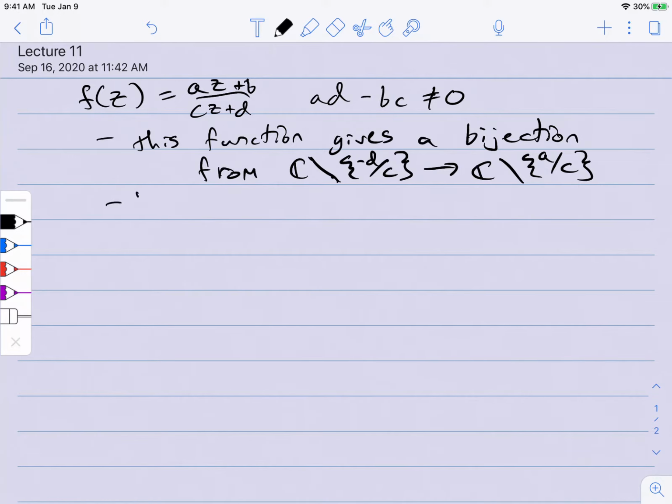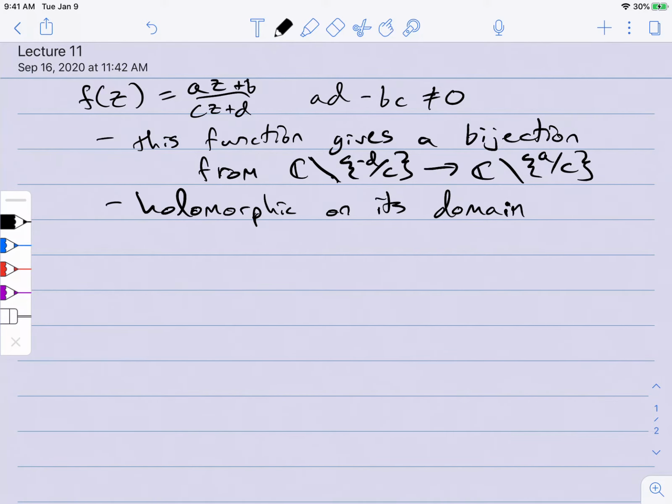So it's a bijection from the complex numbers minus a point to the complex numbers minus a different point. And furthermore, it's easy to check using rules of derivatives that this function is holomorphic on its domain. So it's a pretty nice class of functions for different choices of a, b, c, and d.